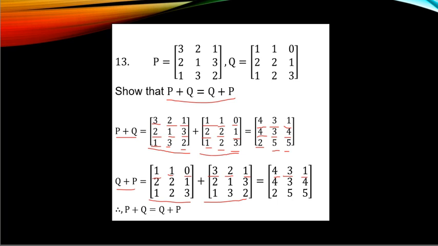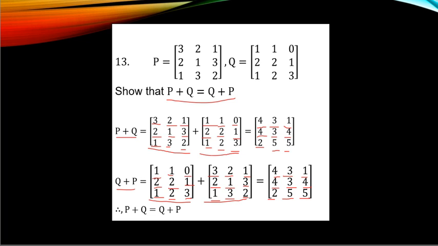You move to the second row, first entry there. Yes, 2 plus 2, that is 4. 2 plus 1, that is 3. 1 plus 3, that is 4. You move to the third row, first entry. 1 plus 1 is equal to 2. 2 plus 3 is equal to 5. 3 plus 2 is equal to 5.